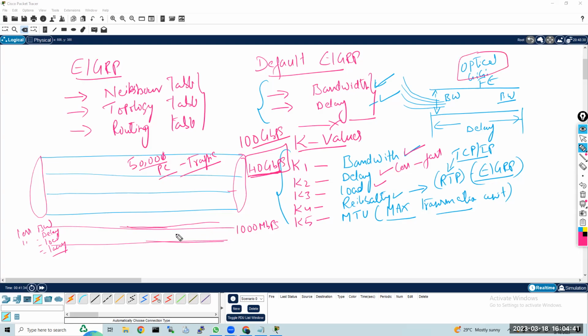Everything else takes a lot of time. But the good advantage, even if you have a smaller pipe, is that EIGRP is very reliable because of the RTP protocol, the Reliable Transport Protocol. Understood, guys?